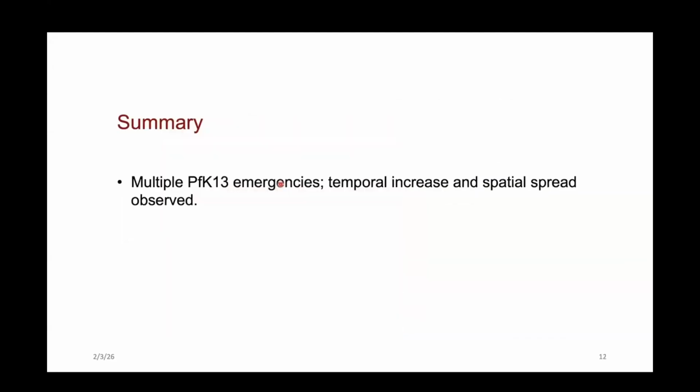So in summary, there are multiple K13 emergences that show temporal increase with dispersal and spread. For the other 2, they are likely independent single emergences, but for 675V, it's possible that there is more than one independent emergence happening in Uganda.